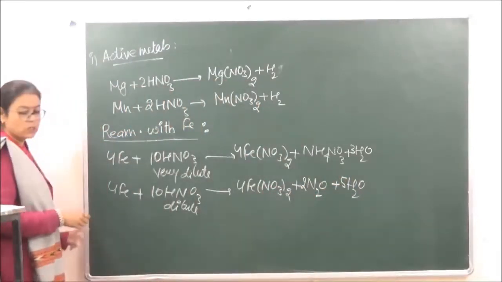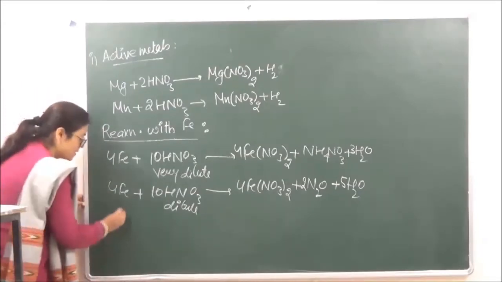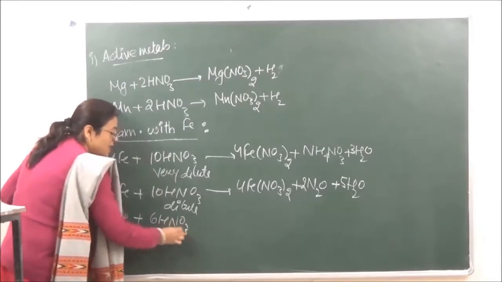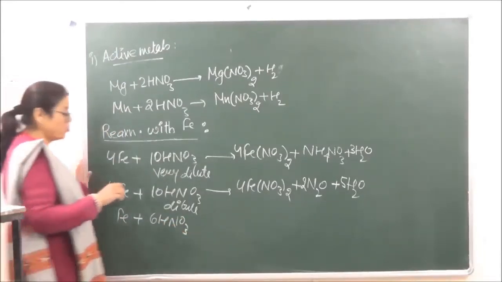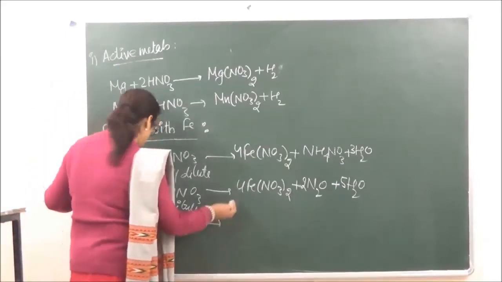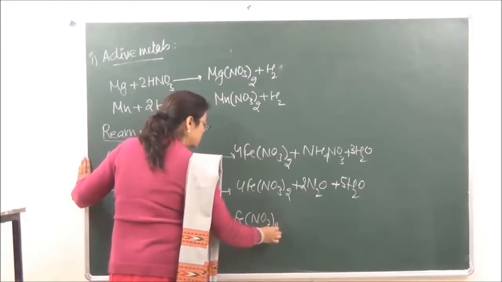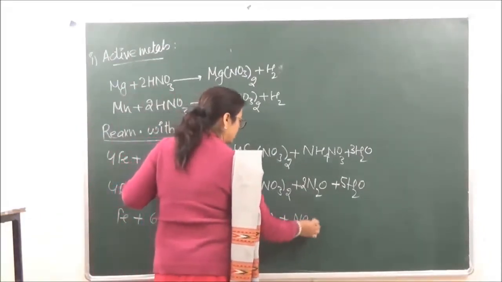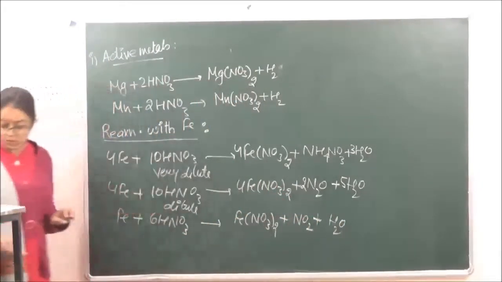Then next is with concentrated acid. With concentrated also we are going to get nitrate, and we will get nitrogen dioxide, and plus water.